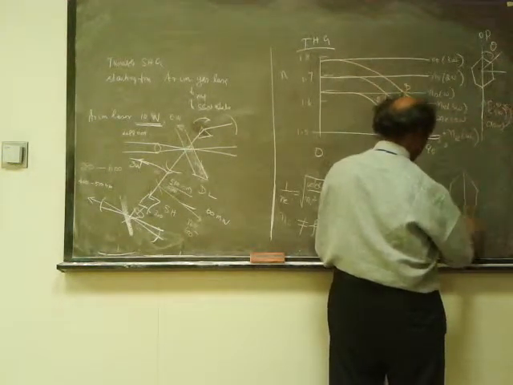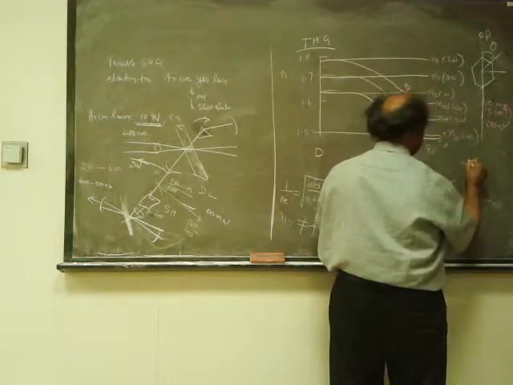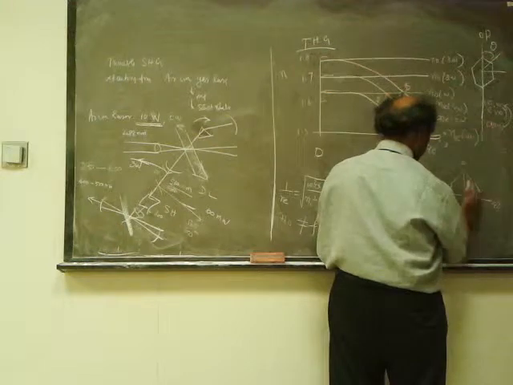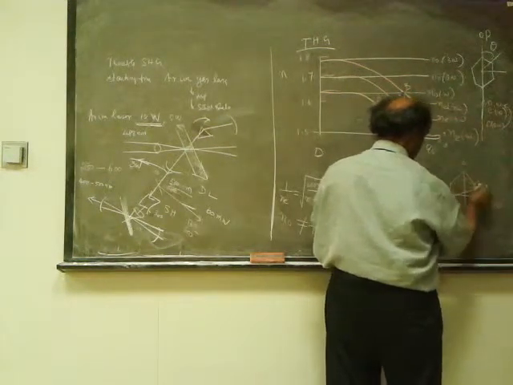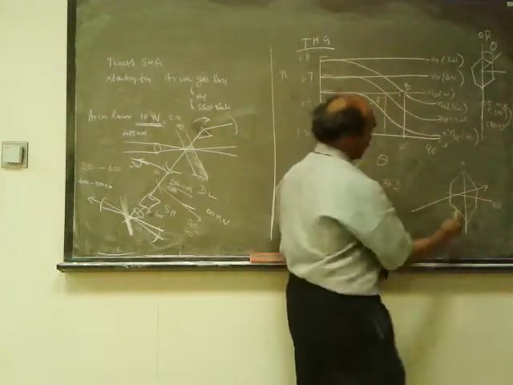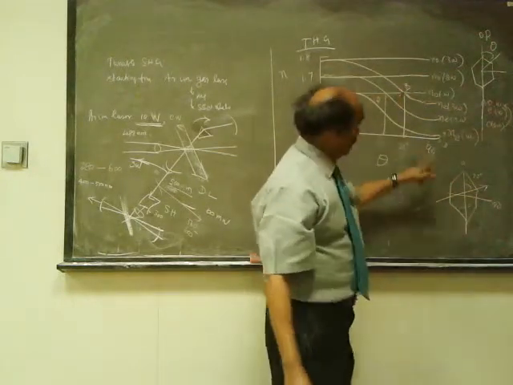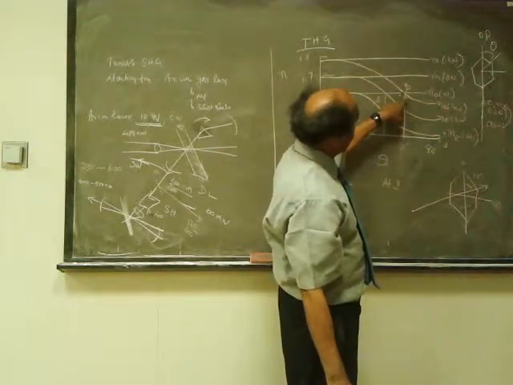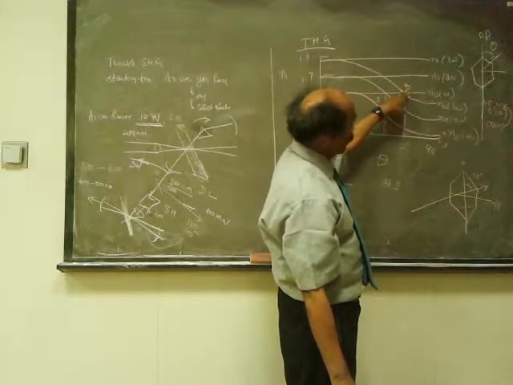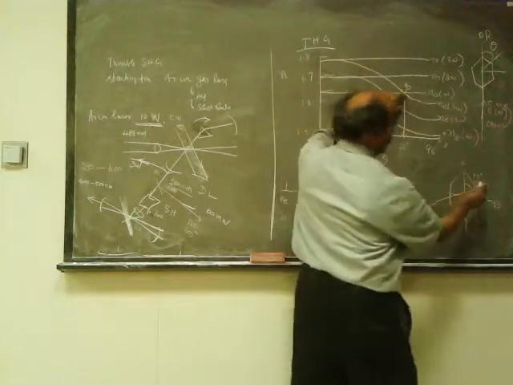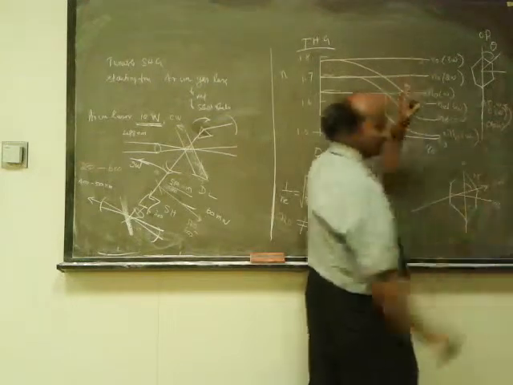This is 90 degree, this is 0 degree. Suppose I start from this one and send the laser beam like this, at 72 degrees. Then the third harmonic of E ray and first harmonic of O ray will go together, so I will have efficient conversion of fundamental into third harmonic.